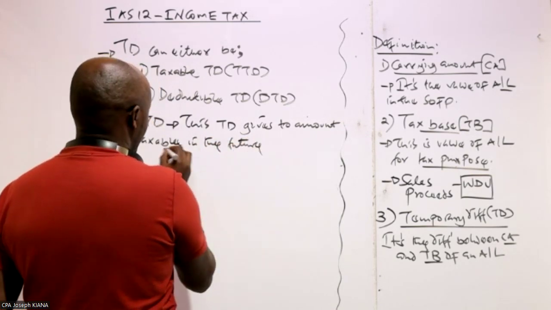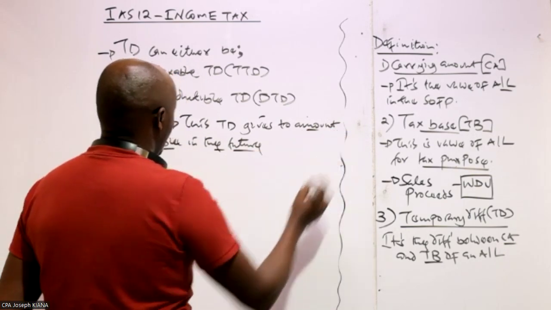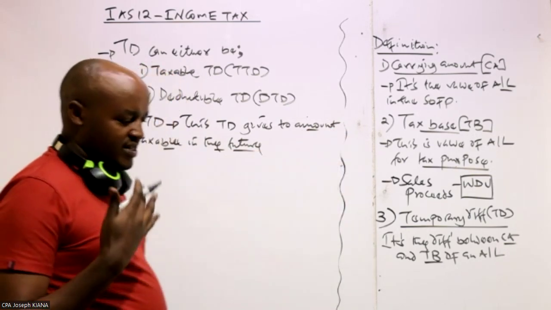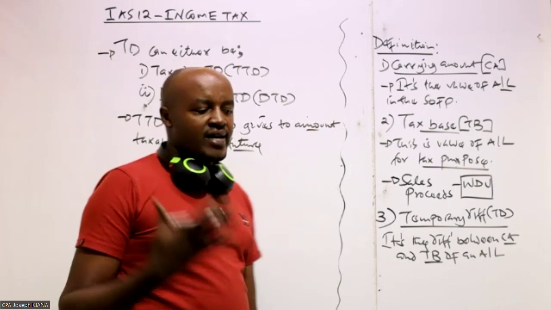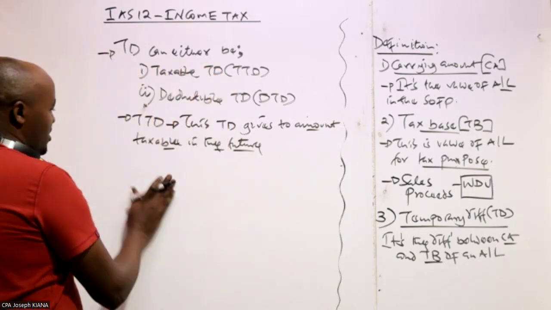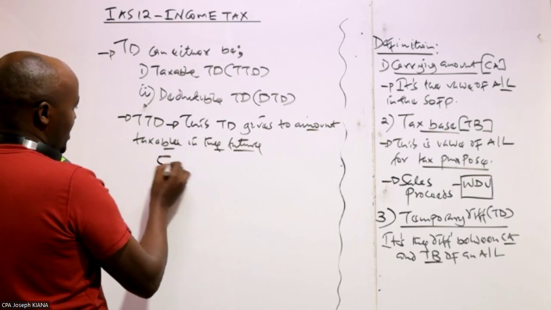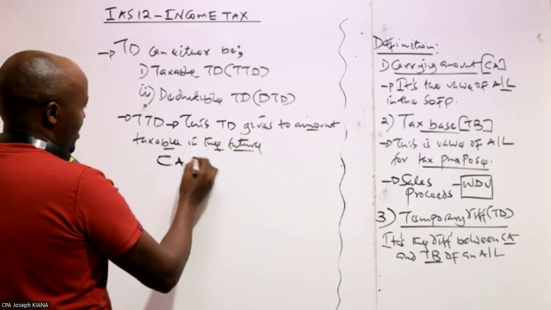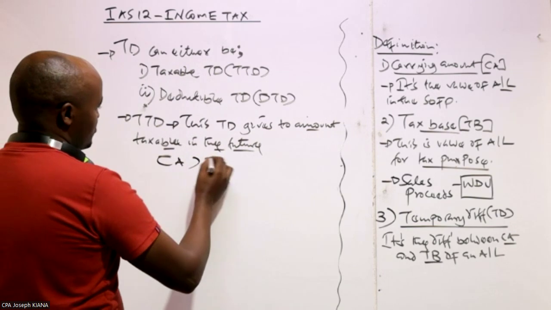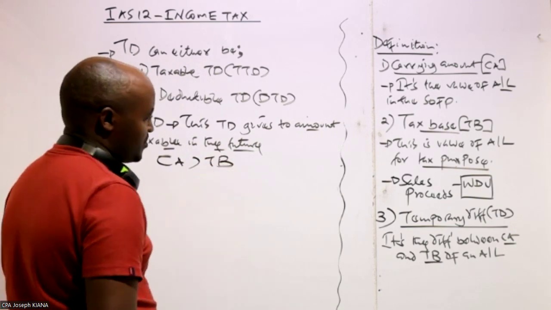It gives rise to amounts which are taxable in the future whenever the company sells an asset or settles a liability. And actually, a temporary difference is said to be taxable whereby the carrying amount of an asset or liability is more than the tax base.